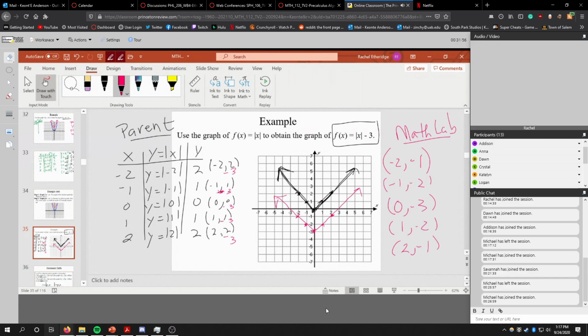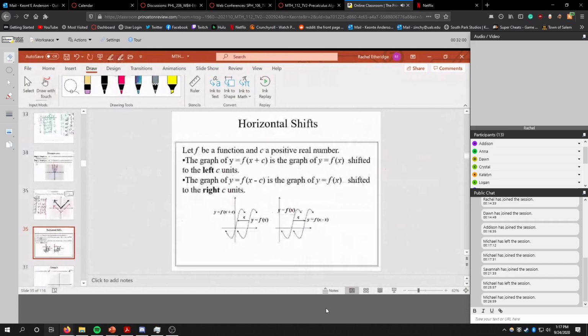Now I'm going to show you a horizontal shift. This is a little bit more confusing, because like with the circle, when we had something in parentheses, some of you never learned about your circle, but we had something like that.